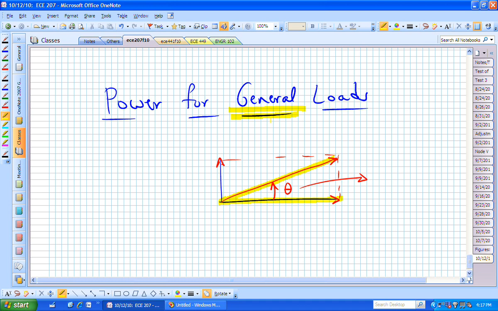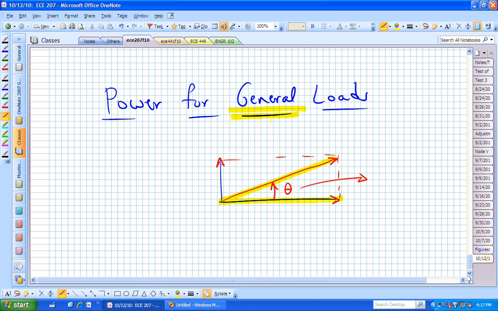Question? So if the average power is 0, does that mean that the net energy input is also 0? If you go back and look at those pictures for a pure inductor or a pure capacitor, you'll see that the average power is 0, but there is still power fluctuation, and it fluctuates at twice the frequency.